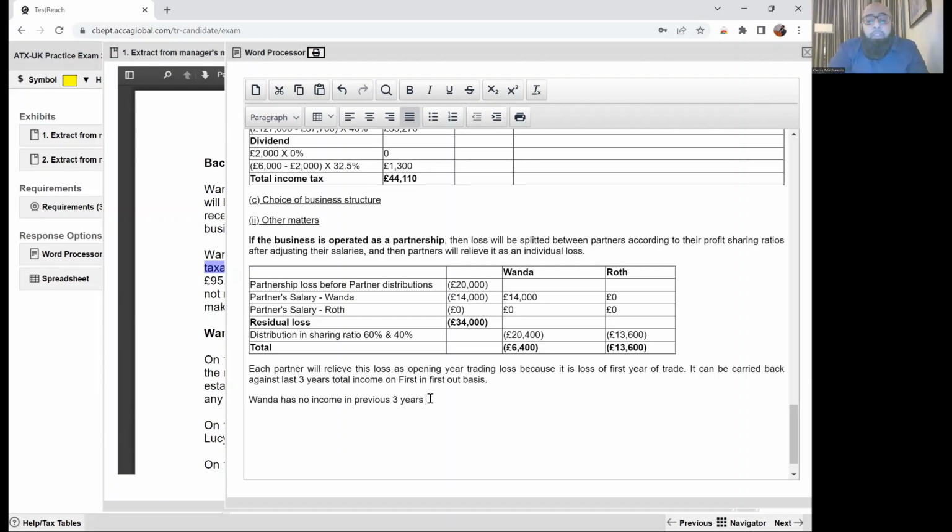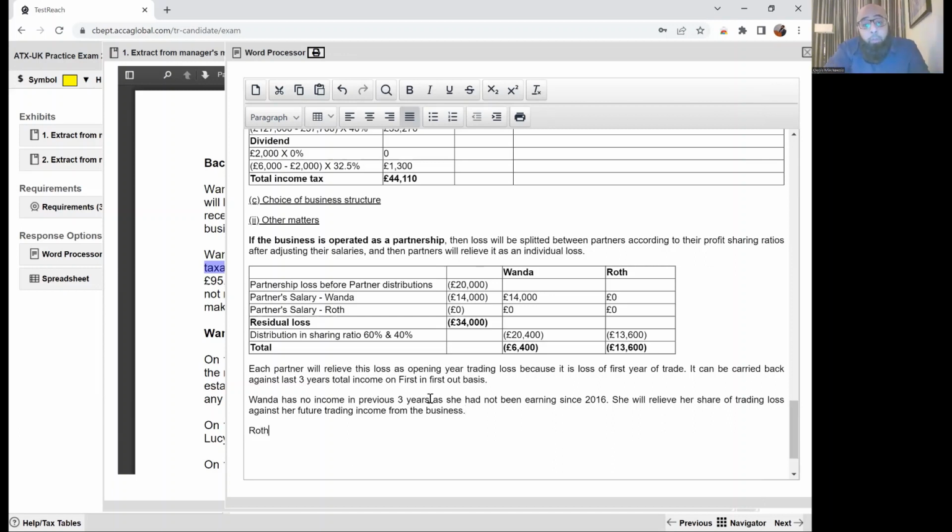She will relieve her share of trading loss against her future trading income from the business. Since Vanda does not have any income in the previous years, she will relieve this against her future incomes.